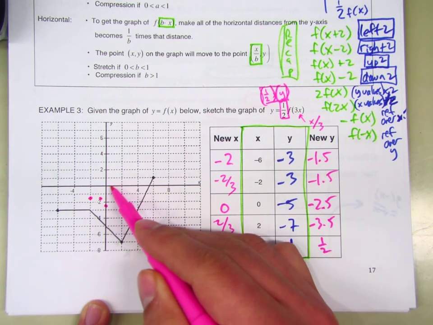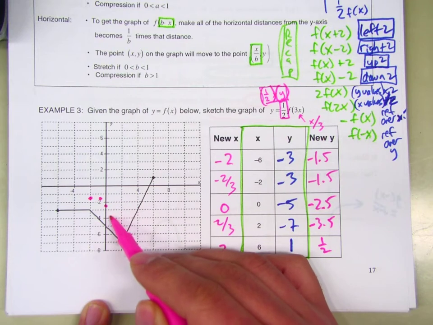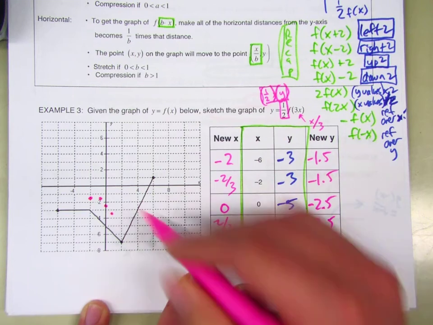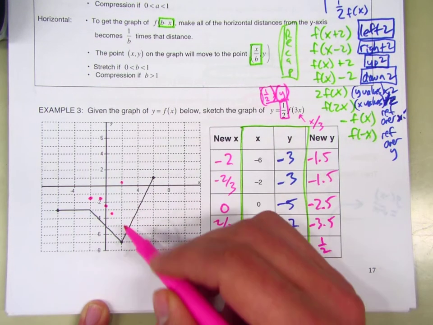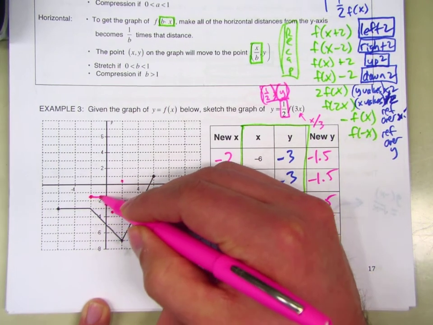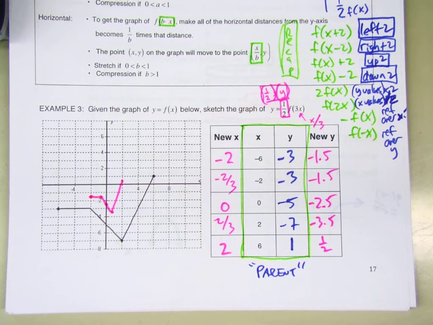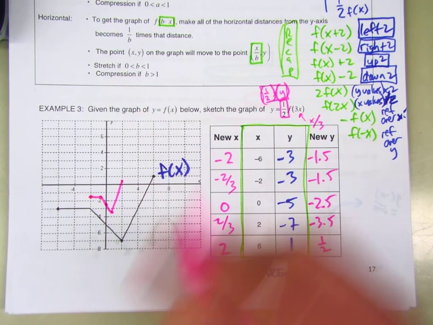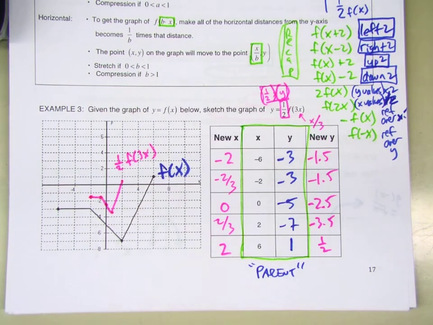Two-thirds, right about there. And then negative 3.5. So somewhere like that. And then 2 is now at 1/2. So your graph now looks like that. Okay? So this is f of x right here. And this pink one is 1/2 f of 3x.